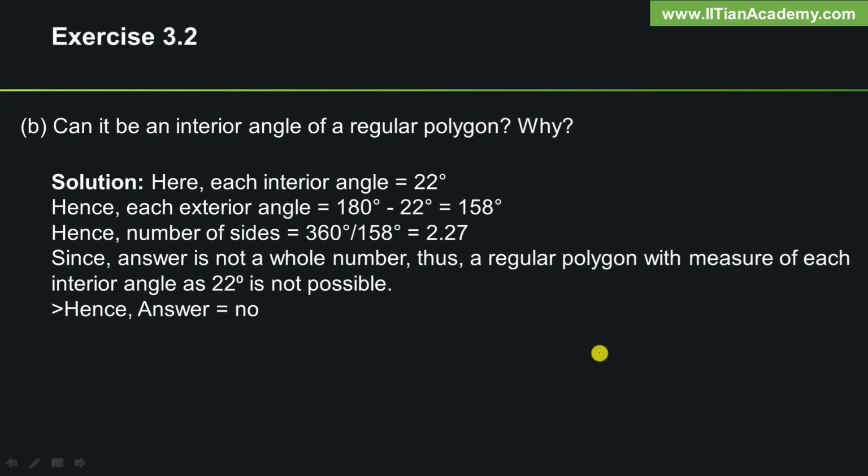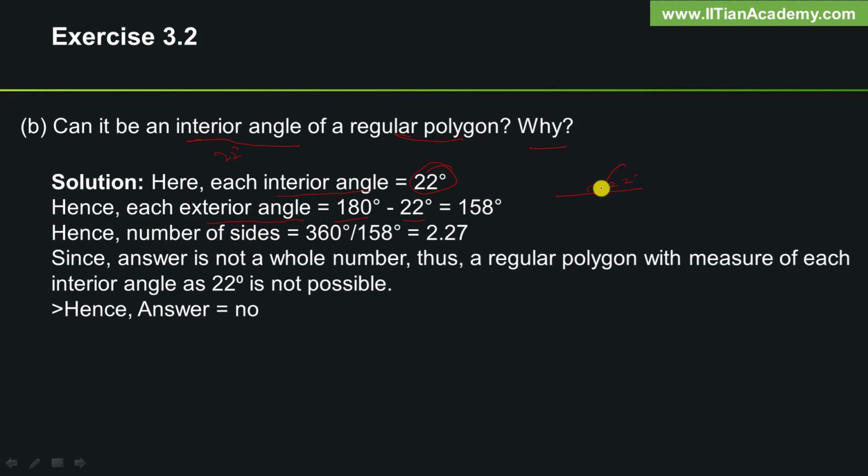Now, here, we will check if 22° can be an interior angle of a regular polygon or not. Here, each interior angle equals 22 degrees. Hence, each exterior angle equals 180 degrees minus 22 degrees equals 158 degrees.